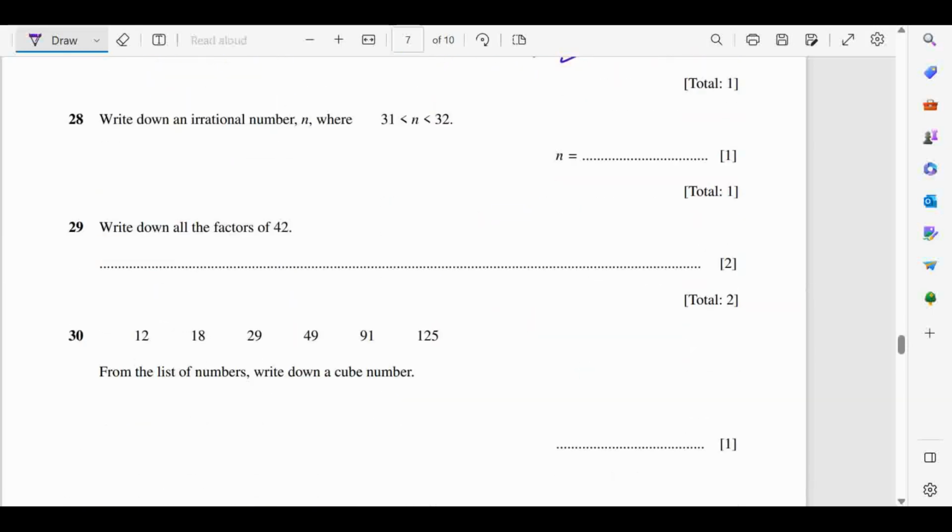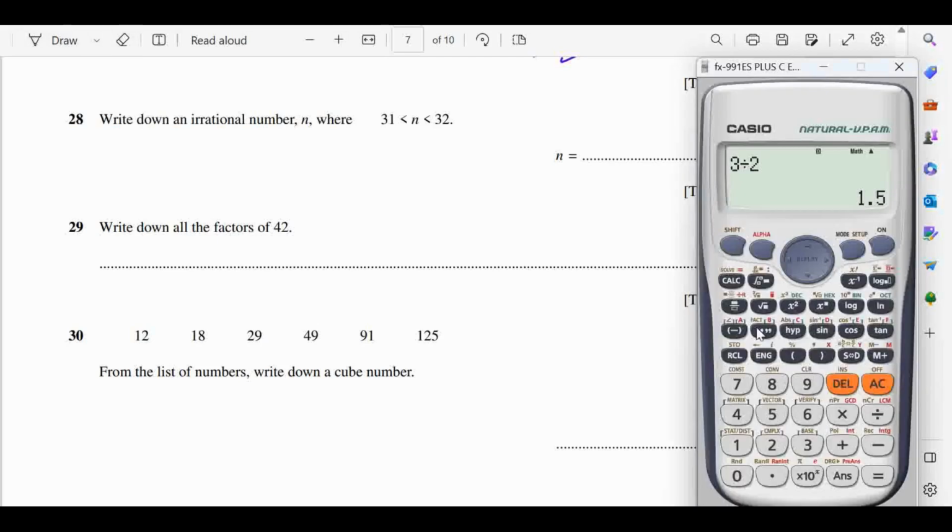Question number 28. Write down an irrational number n between 31 and 32. So we can use the calculator. The perfect square between these two will be like square root of 144 will be equal to 12. Square root of 1000 will be equal to 31.6.